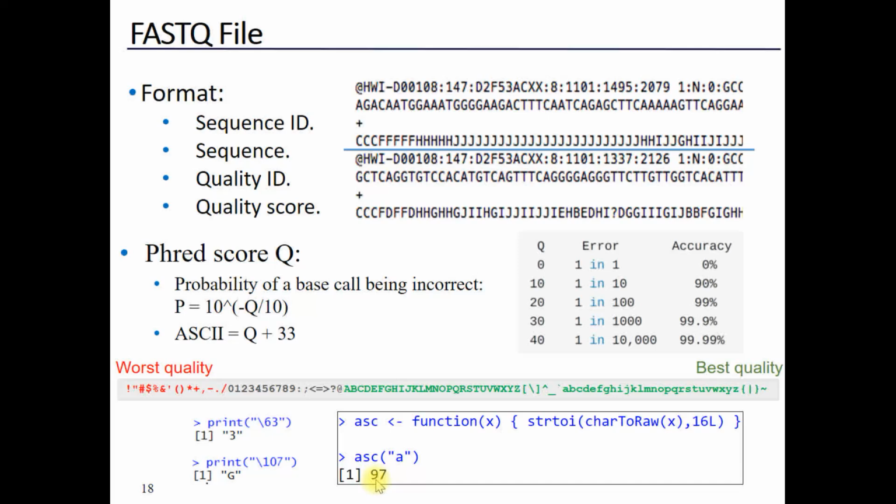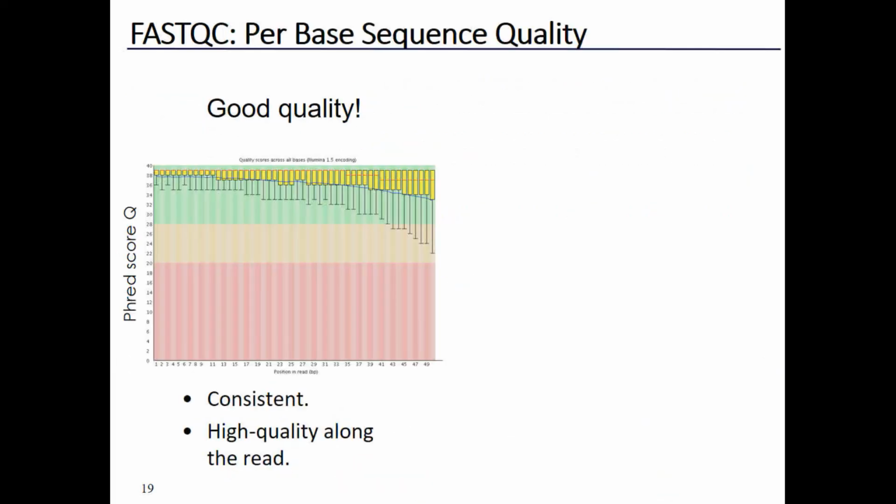For example, in this case, your Phred score is 97 minus 33, which is 64. So if you have 100 million reads, then your FASTQ file is going to be 400 million lines. Then how do you do quality control for each read?